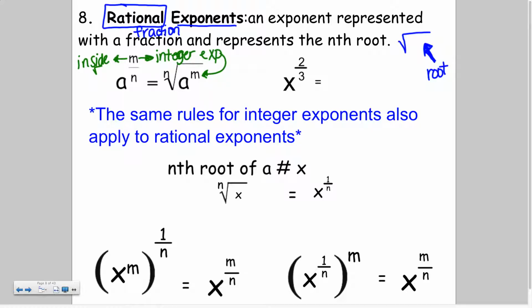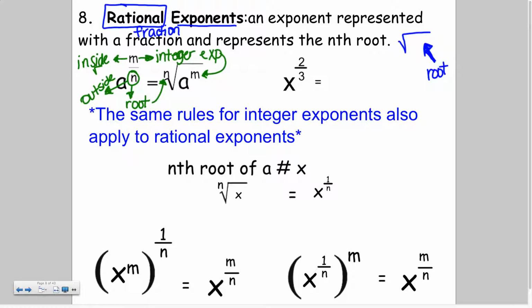All right? Now, the n in this case, or the denominator for your exponent, is going to be your root. So it's going to tell you what root you have, and it's going to be on the outside. So this one will always be on the outside, all right?